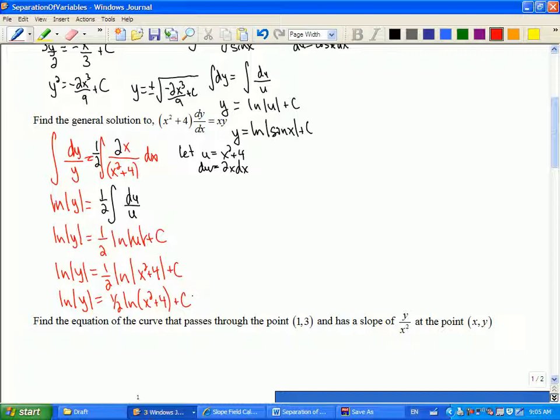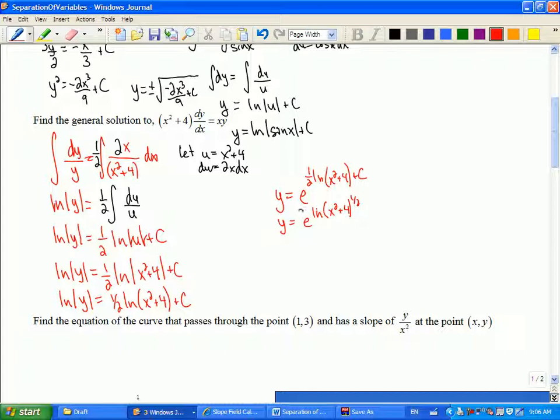If I was to separate the y and get it outside the natural log, I have to rewrite it as an exponent. So it's going to become y equals e to the 1/2 natural log of x squared plus 4, and a constant. What I can do here is move this 1/2 inside, and I'll show you why I'm doing that. Maybe you remember the rule for this: (x squared plus 4) to the 1/2.